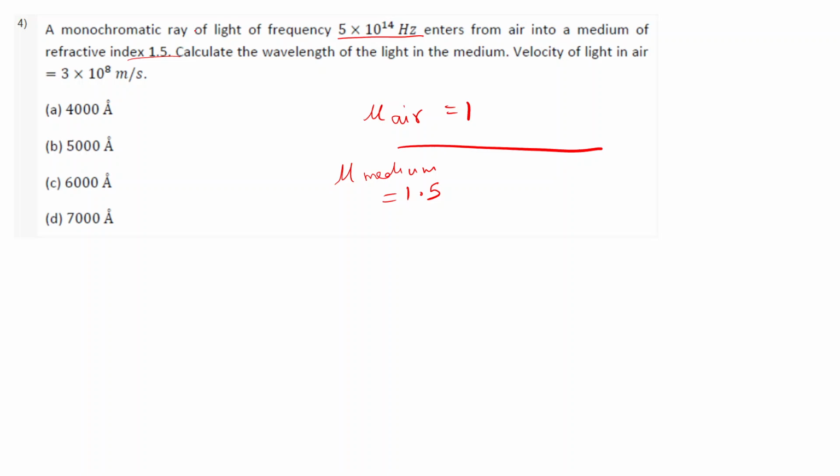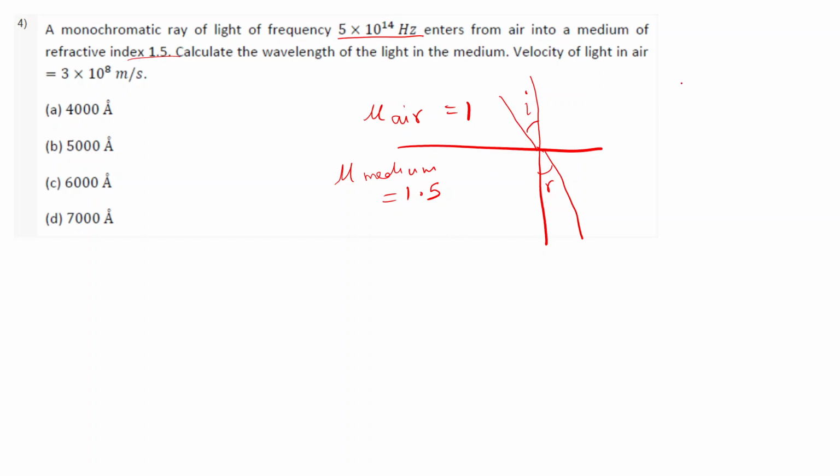If a monochromatic ray of light is incident from air, and from here it will refract. This is the angle of incidence, this is the angle of refraction. We have to calculate the wavelength of light in this medium.